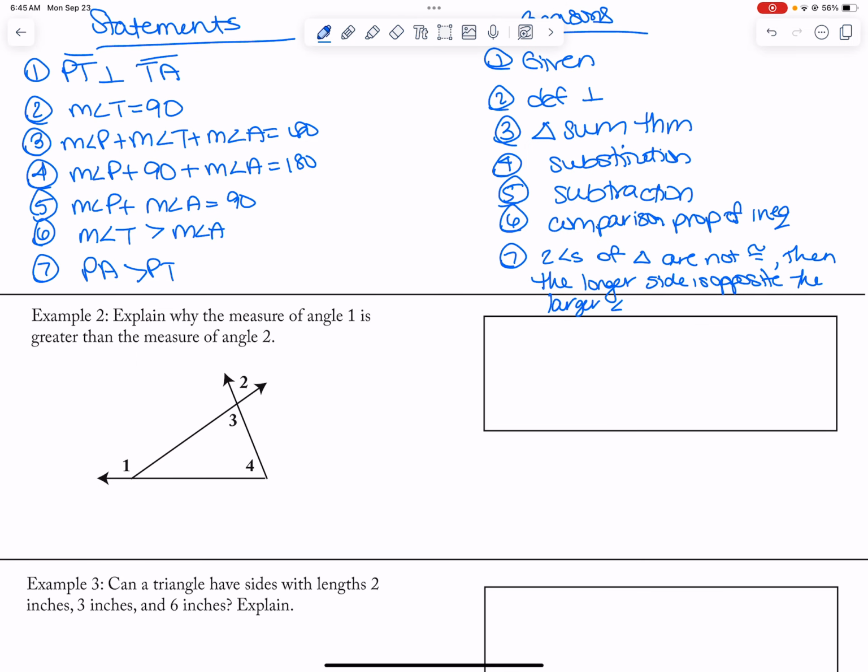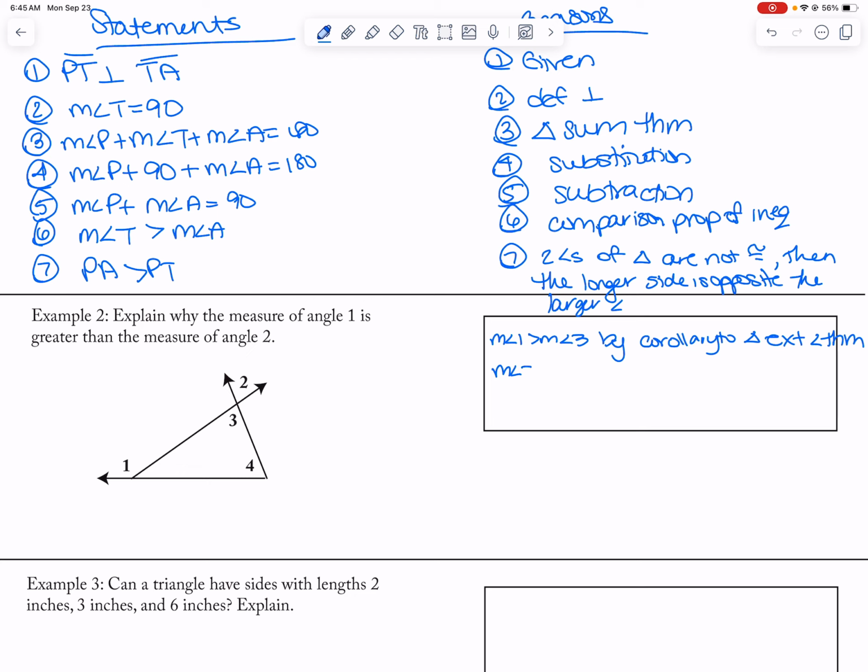Okay, so let's see. Explain why measure of angle 1 is greater than measure of angle 2. Measure of angle 1 is bigger than measure of angle 3 by the corollary to the triangle exterior angle theorem.